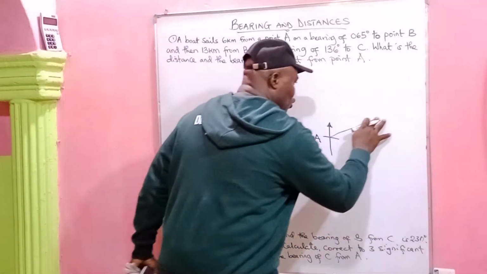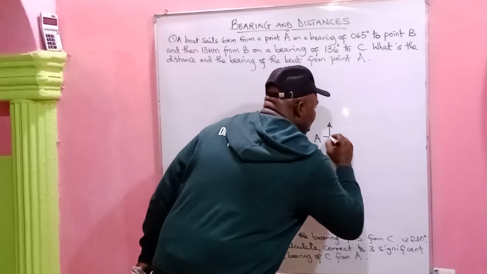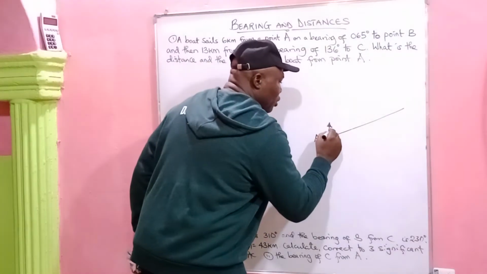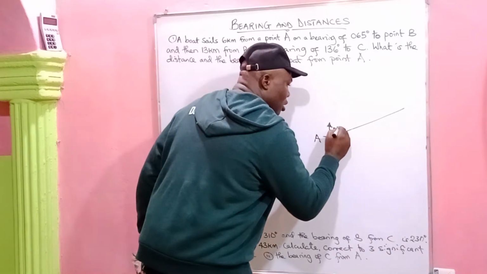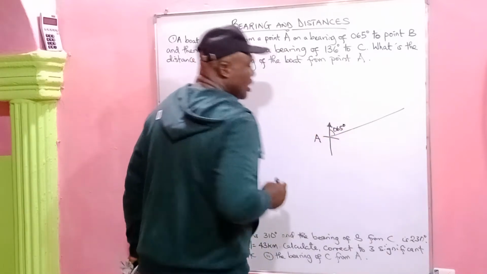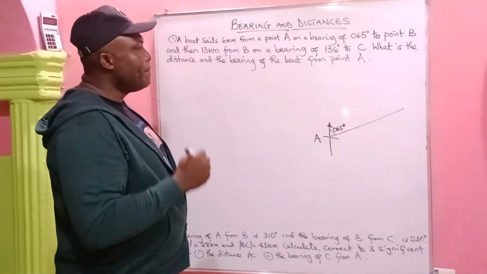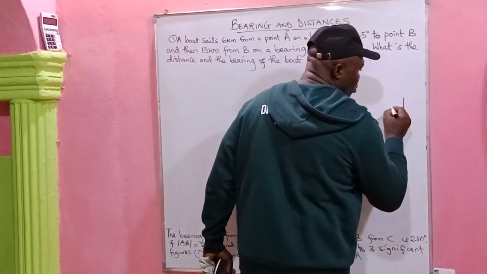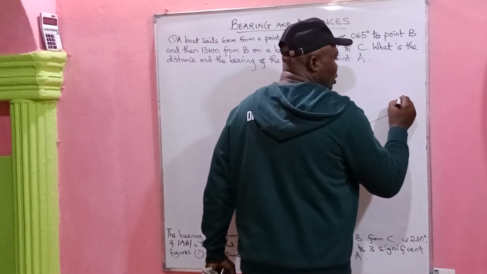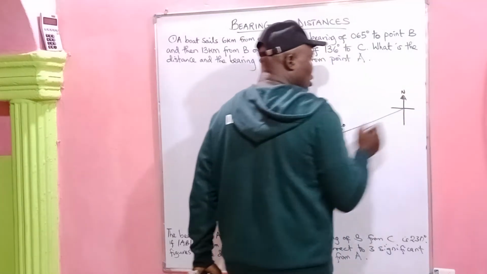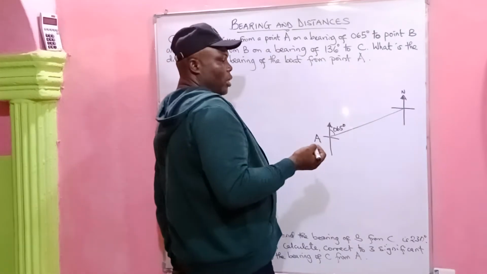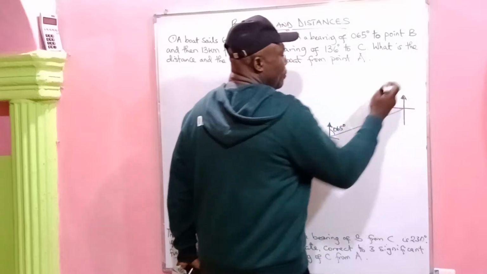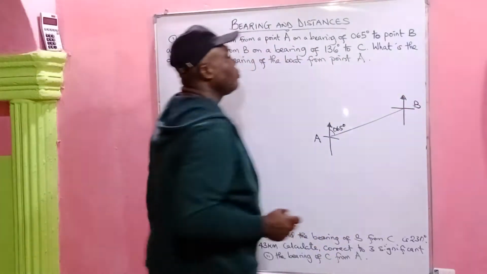So we've been able to map out 065 degrees to a point B. So we have this point to be point B. Here is the north. You can indicate the north or you leave it that way, but the arrow tells you that that's the north. Please don't forget. So we have the point B here.